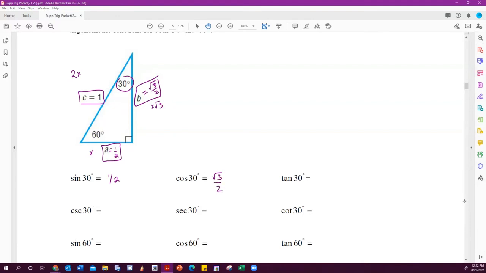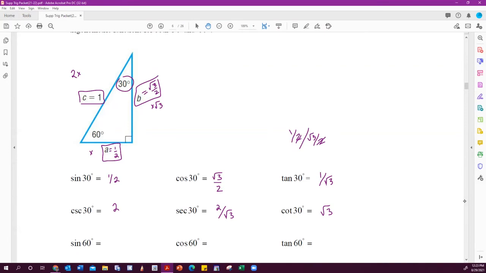And the tangent of 30 is going to be the opposite over the adjacent, so 1/2 over rad 3 over 2. I typically write this as 1 over rad 3 because I'll cancel out those 2's. Nicely, the cosecant is just the reciprocal of the sine, secant is the reciprocal of cosine, and cotangent's the reciprocal of tangent, so those come along for free.